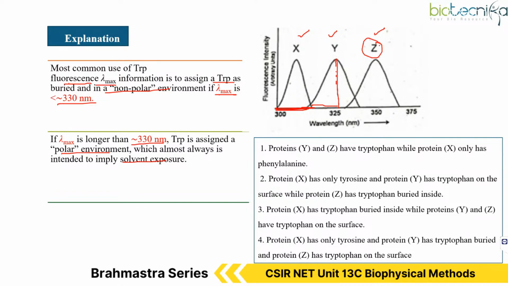So based on the information given, you can say that Y indicates the protein has tryptophan buried and the Z protein has tryptophan on the surface. Just based on this information, you can answer this question. Therefore, the answer here is option 4. So Sarita and Rinku, you have answered it correctly. Well done, those who have solved the question during the live session.